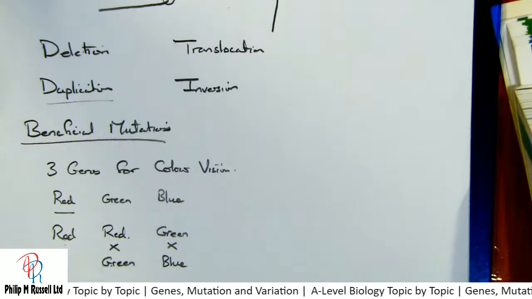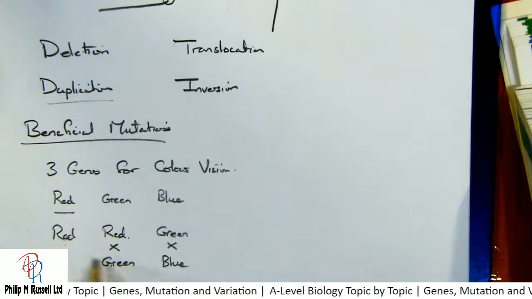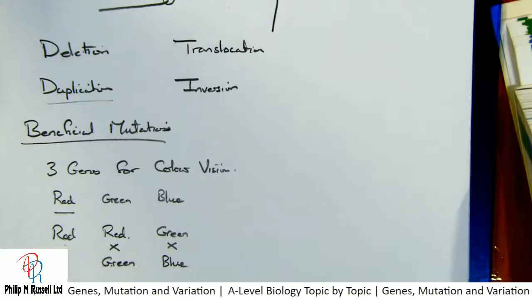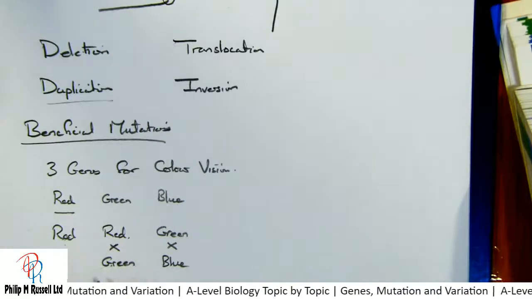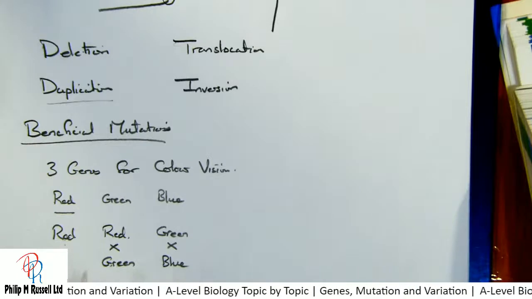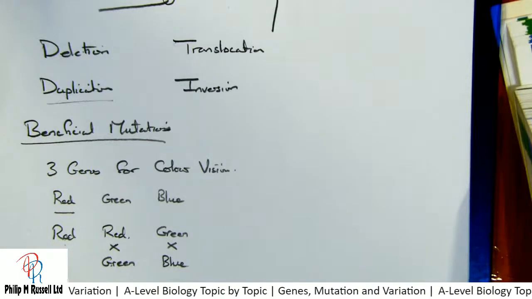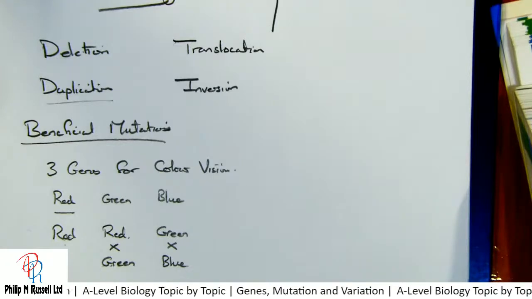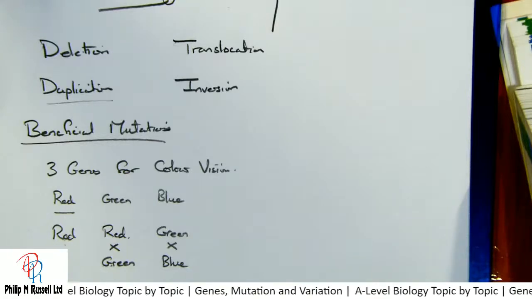I'm one of these poor souls that's got one of these very slightly mutated, which makes me colourblind. Which always gives rise to the interesting question which students ask me is, well, what colour do you see? And the answer is, well, as far as I know, I see things quite normally, because I can't see what they see.